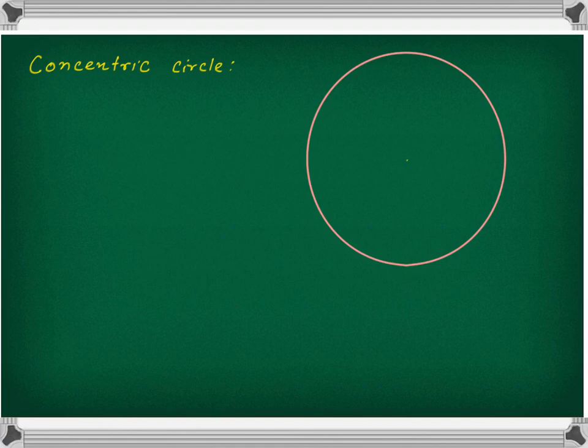So if O is the center of the circle, they have the same center and different radii. So we will see what the radius is for this circle. This is the radius for this circle. Now we will draw the circle that has the same center but a different radius.